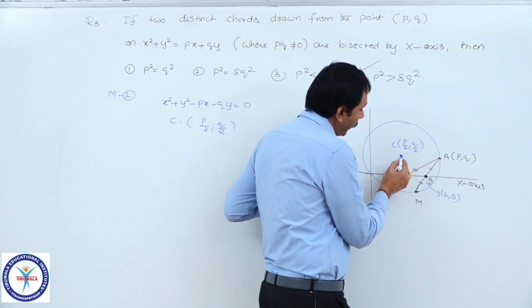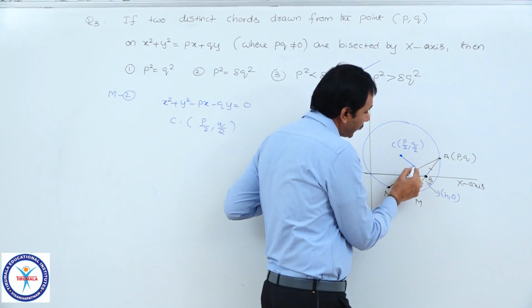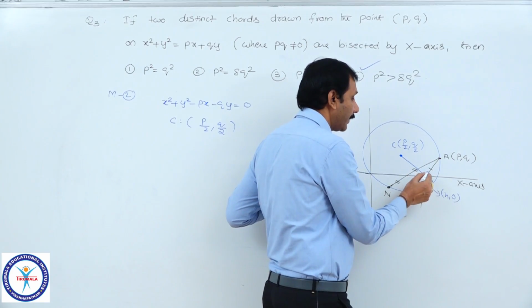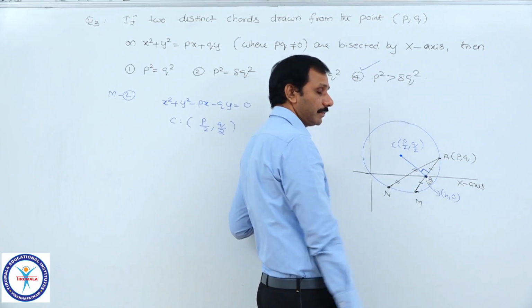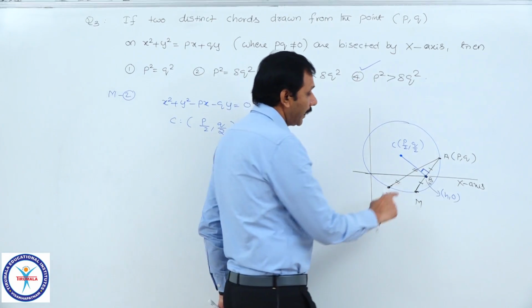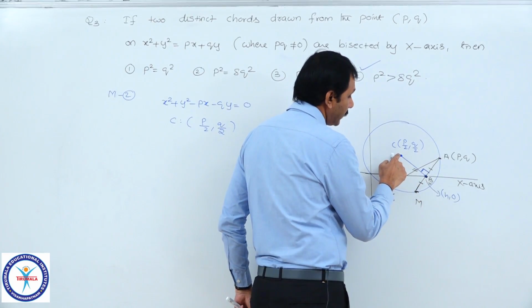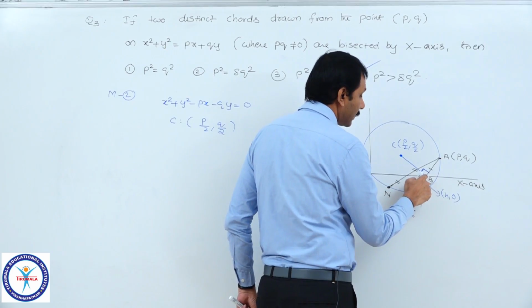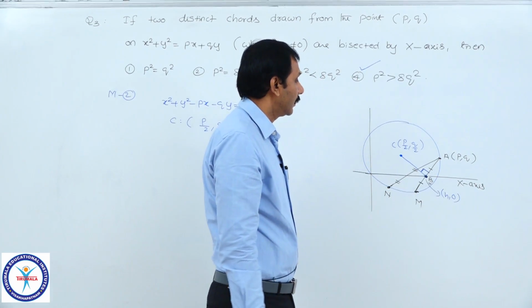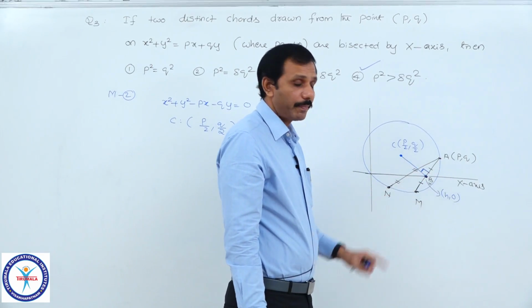B is a midpoint means if I join the center to that point, it will become the perpendicular bisector of this chord. That is, here it is 90 degrees. Because here it is 90 degrees, the slope of this line into the slope of this line should be minus 1, because these two are perpendicular lines.